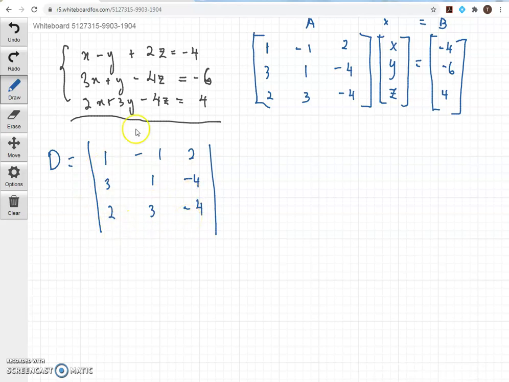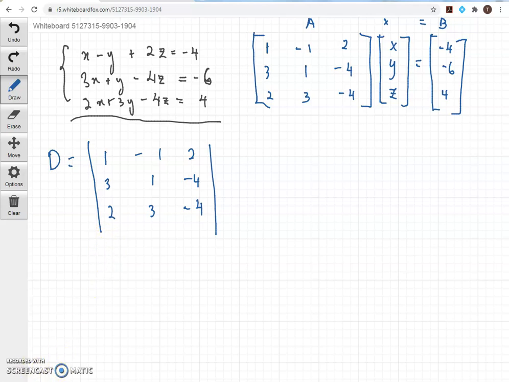Here we cannot apply the same formula as what we did in our previous video, because the previous video was regarding a 2 by 2 matrix, but now we are dealing with a 3 by 3 matrix. We actually have a few methods for it, but I'm going to focus on only one method here.